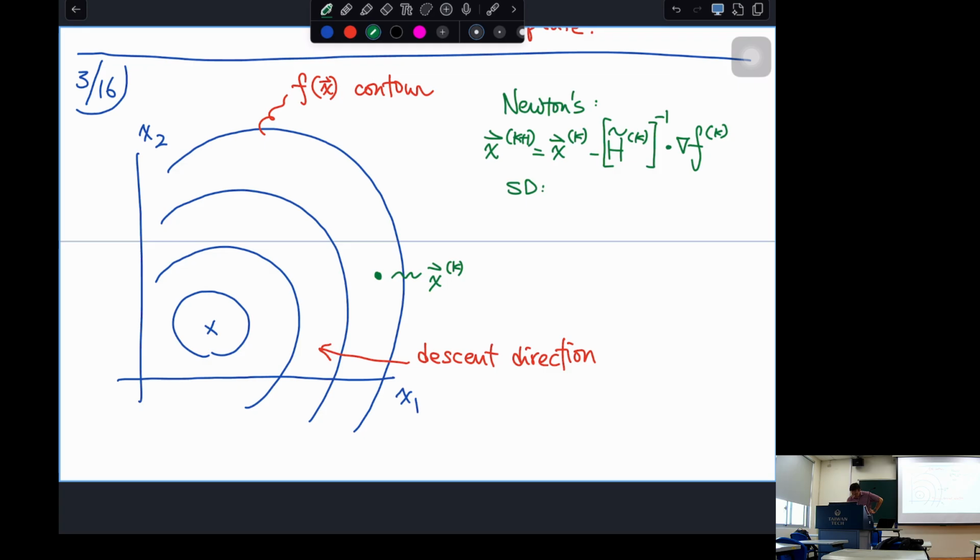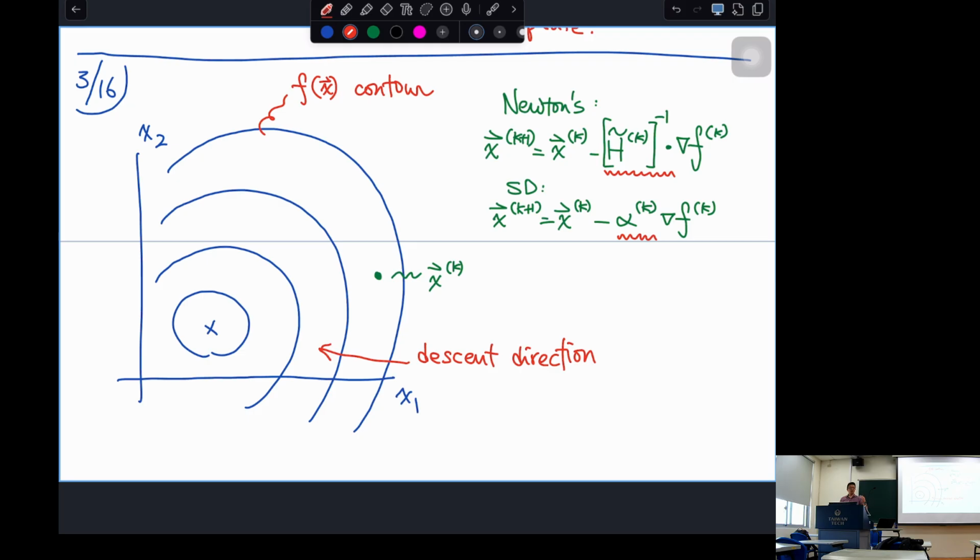Steepest descent looks like this. So the only difference is that in front of the negative gradient in the Newton's method's equation, there is an inverse Hessian. And in front of steepest descent, there's only a scalar. Okay, and the scalar is an unknown scalar. You don't know the size of it.